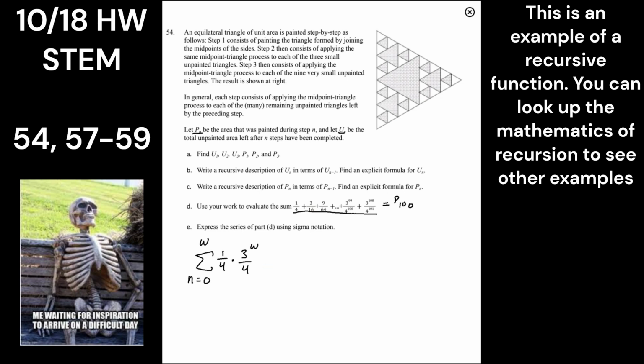I think that's good because 3 out of 4, and 1/4 times 3/4 is 3/16, then 9/64, and it goes on. So I think this is a good geometric sequence to provide for P sub W. Can you see that? Yep, P sub W.